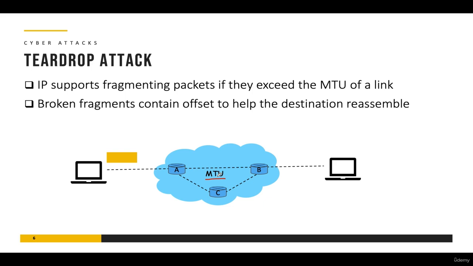So if your packet arrives at a router and it knows that the next link does not support your packet size, IP fragments the packet into multiple packets, and it includes the information for reassembling them at the destination. Now these packets independently travel to the destination where they are combined back again based on the information that is inserted into these fragments.